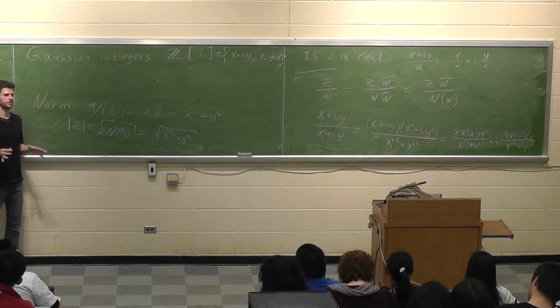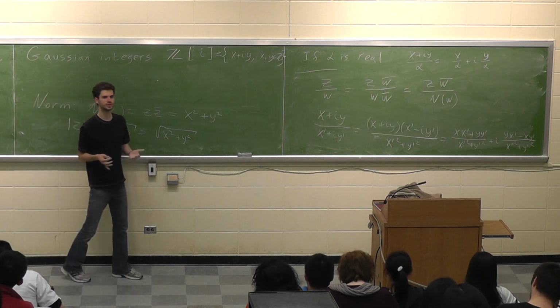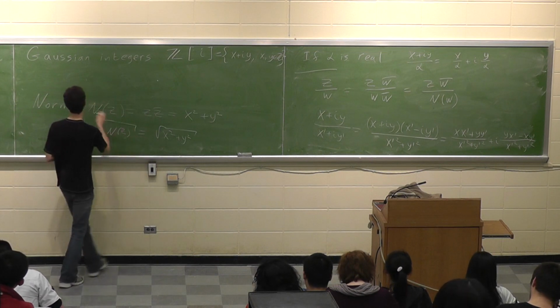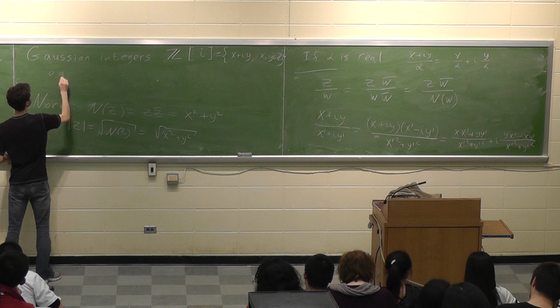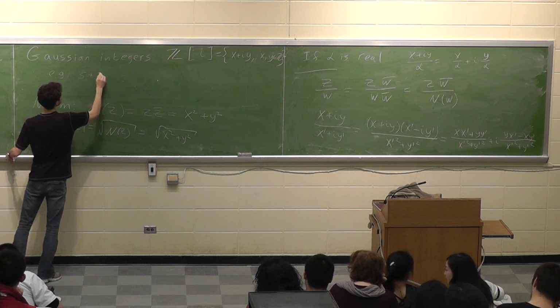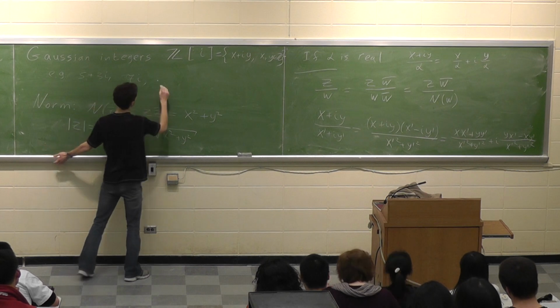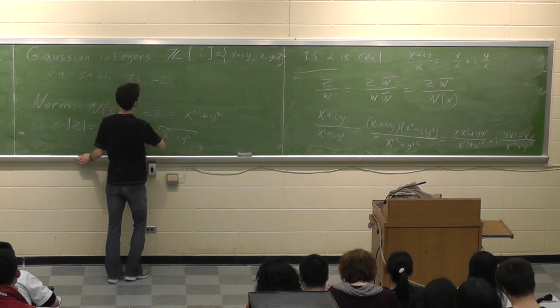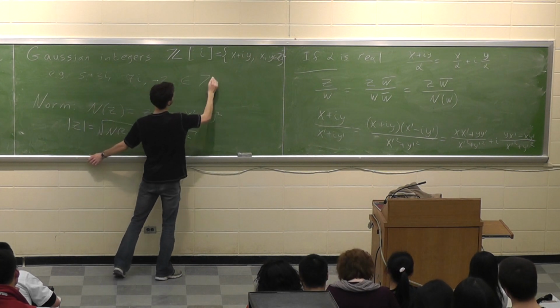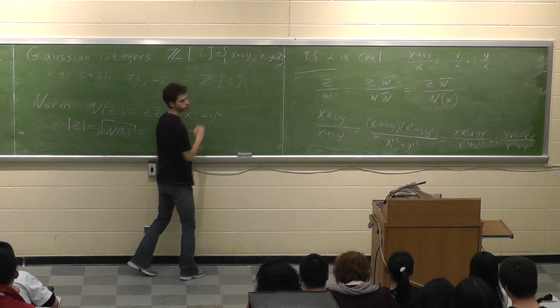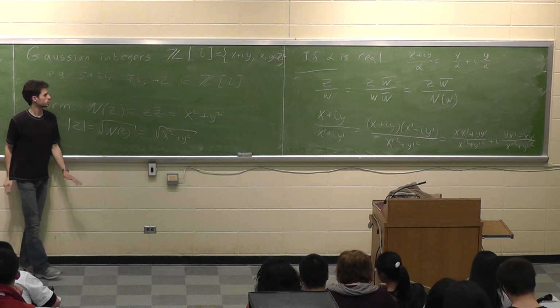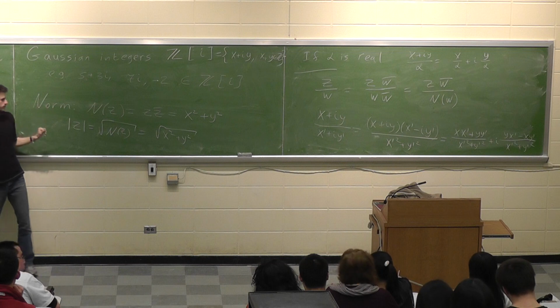So it's the complex numbers with usual integer elements. For example, 5 plus 3i, 7i, 2, or negative 2. All of them belong to the Gaussian integers. So it's just such things.